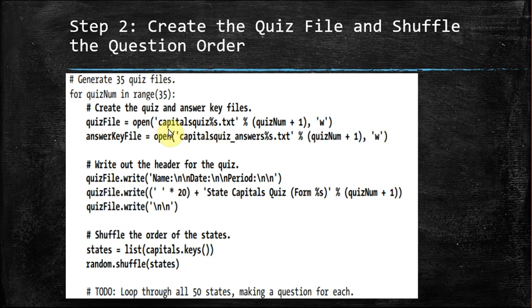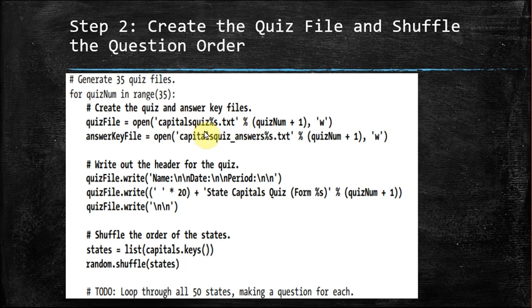So for the first student or the first quiz paper it will be capitalsquiz1.txt. Similarly, the answer key file will be capitalsquiz_answers1.txt. Similarly, the next one will be 2. So as the for loop runs, this quiz number value will change. Even the text file names will change. So this is for creating your quiz as well as answer key files.